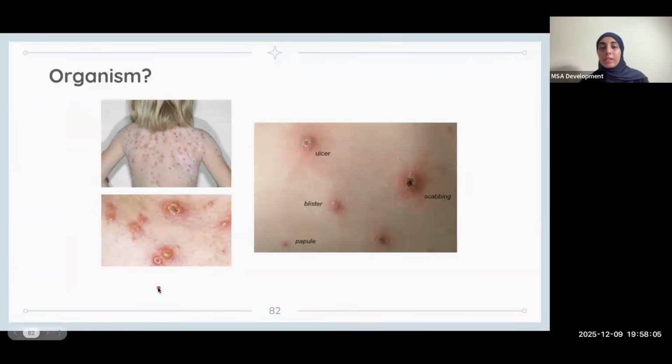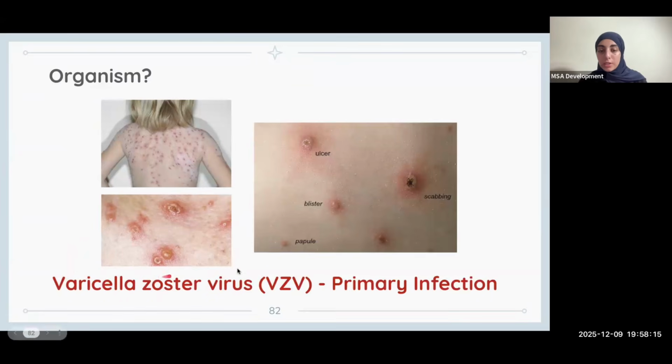Now the next virus is varicella zoster virus, or chickenpox. Now this specific one is chickenpox. Remember how we said we have the herpes family, and one of the members of this family is herpes simplex.